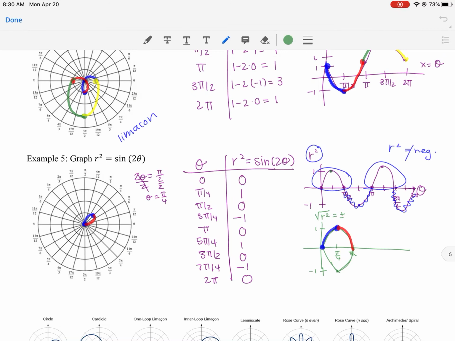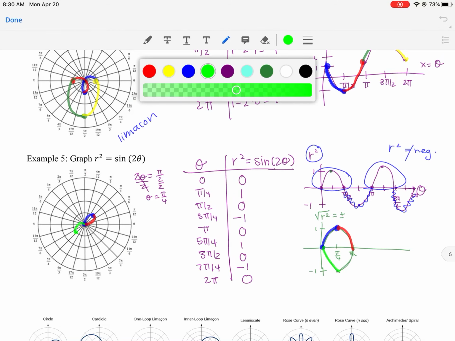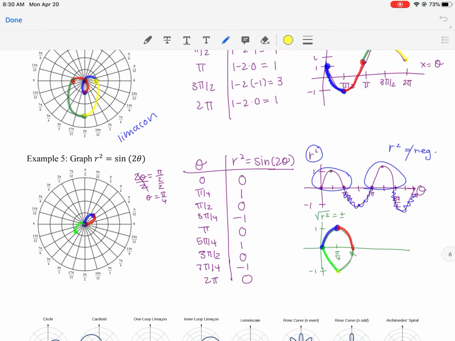So then let's think about this bottom portion. On this part, we're going to start at 0, 0, but we're going to negative 1 at pi fourths, which is over here. And then we're going to come back to 0.